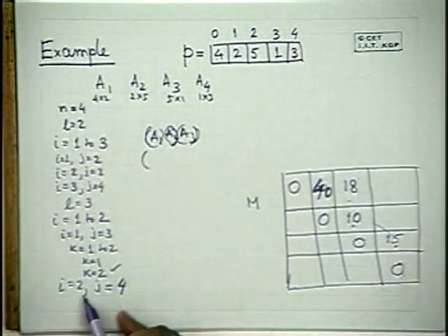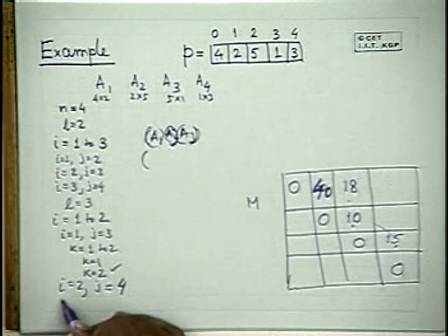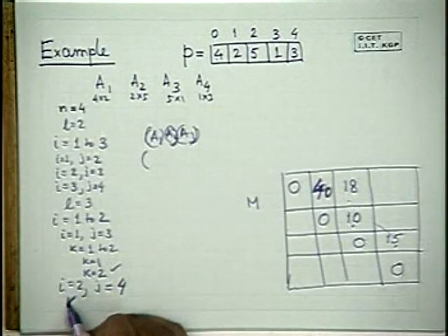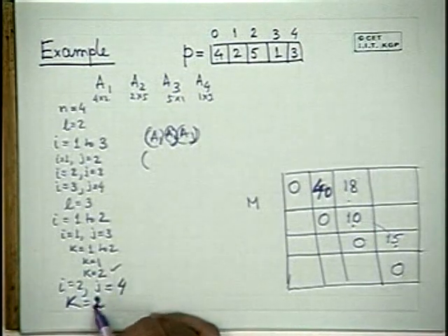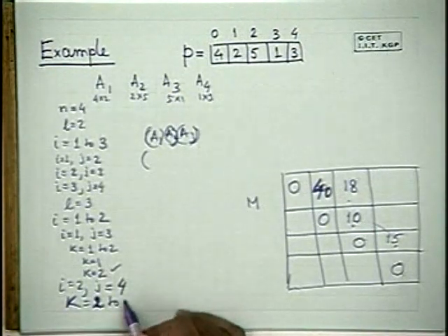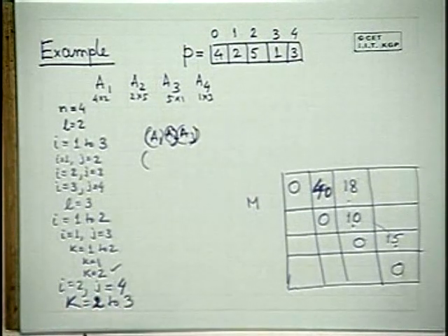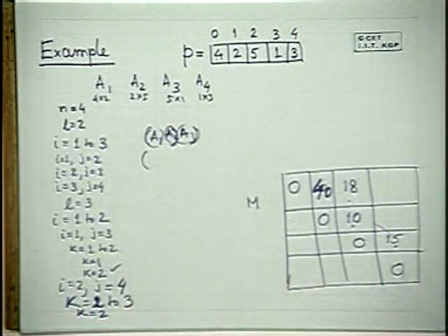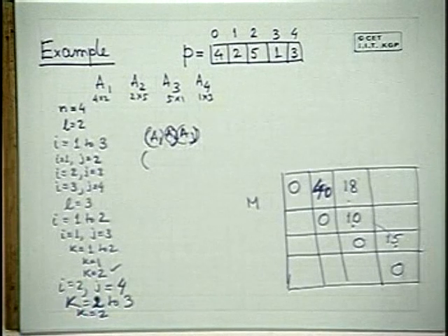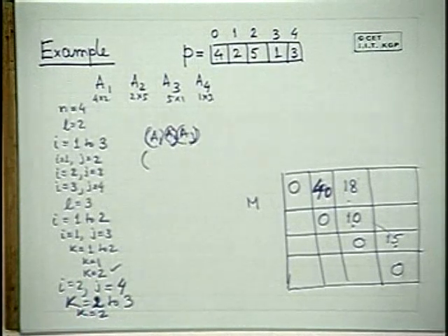Okay, when I is equal to 2, j is equal to 4, again k is running from 2 to 3. It must be 2 to 3. So when k is equal to 2, what are you getting? Tell me. When k is equal to 2, you are getting M22, which is 0, plus M34.